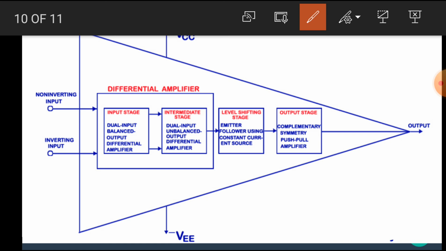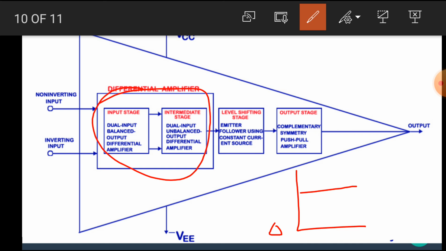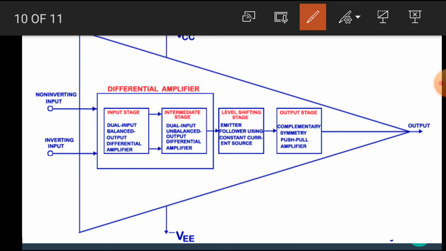Here, in these two amplifiers the direct coupling is used. Due to this, the DC level goes high above the ground or zero level. To bring this DC level towards the ground, we use the third stage, the level shifting stage. Generally, it is an emitter follower using a constant current source, which is used to bring the DC level back to the ground level or zero level.